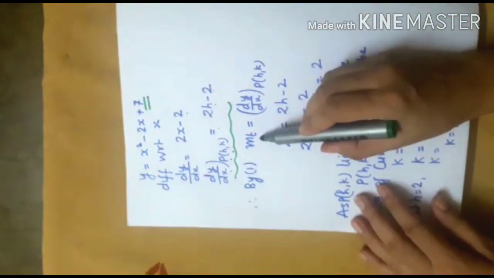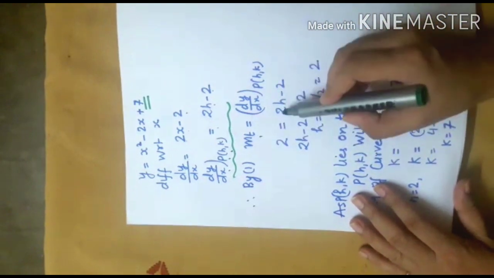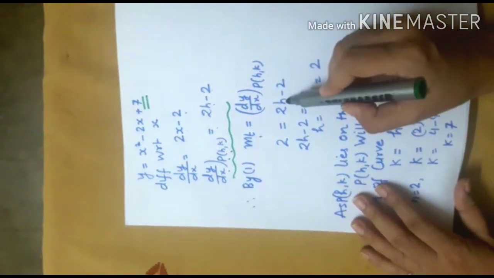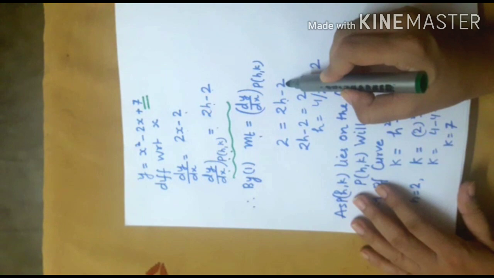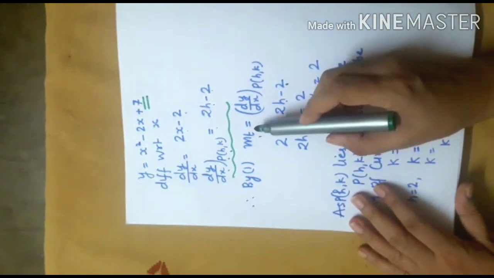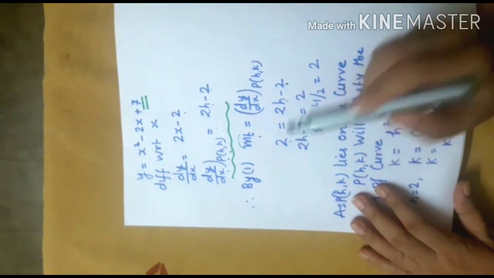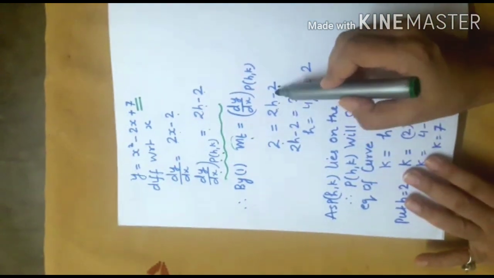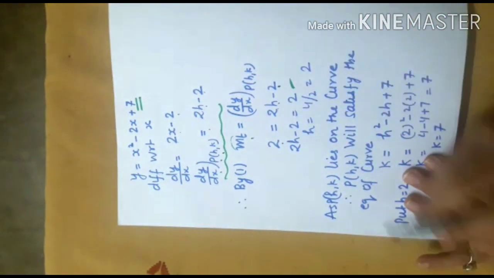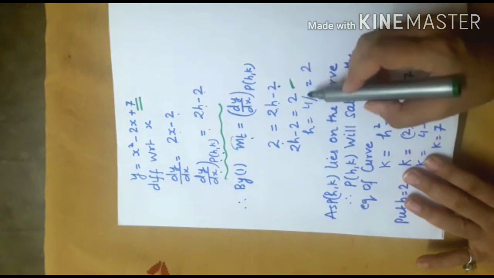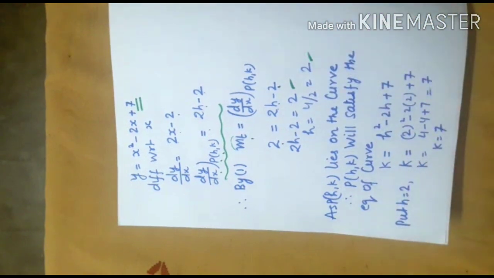So, slope of the tangent will be equal to 2h minus 2. And we have obtained the slope of the tangent as 2. So I'll get 2h minus 2 is equal to 2. So from here, h is equal to 2.